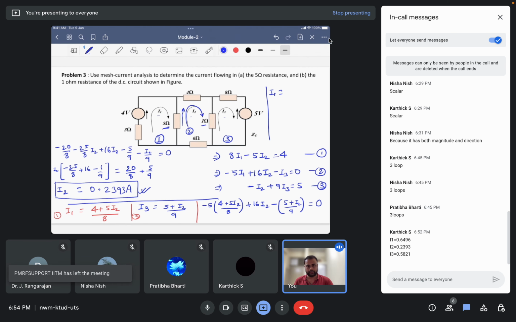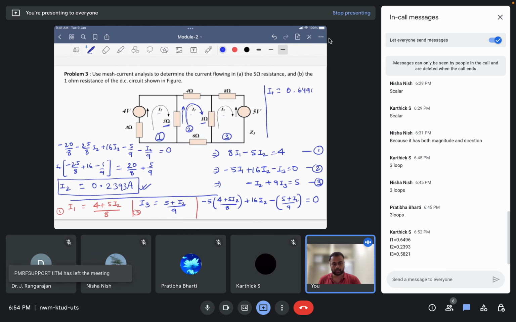So I1 you will be getting 0.6496 amperes. I2 we have calculated as 0.2393 amperes, and for I3 use equation number 3. So I3 is (5 plus I2), that is 0.2393, divided by 9. So this comes out to be 0.5821 amps.